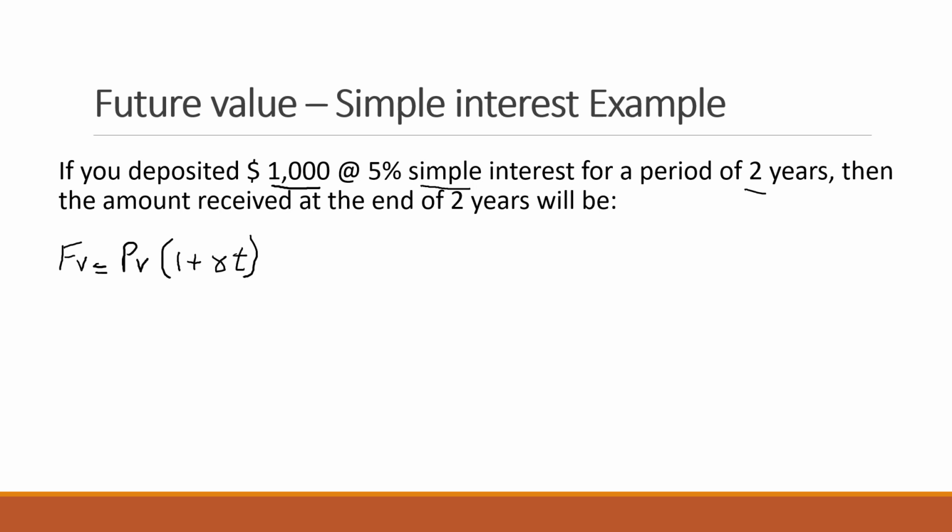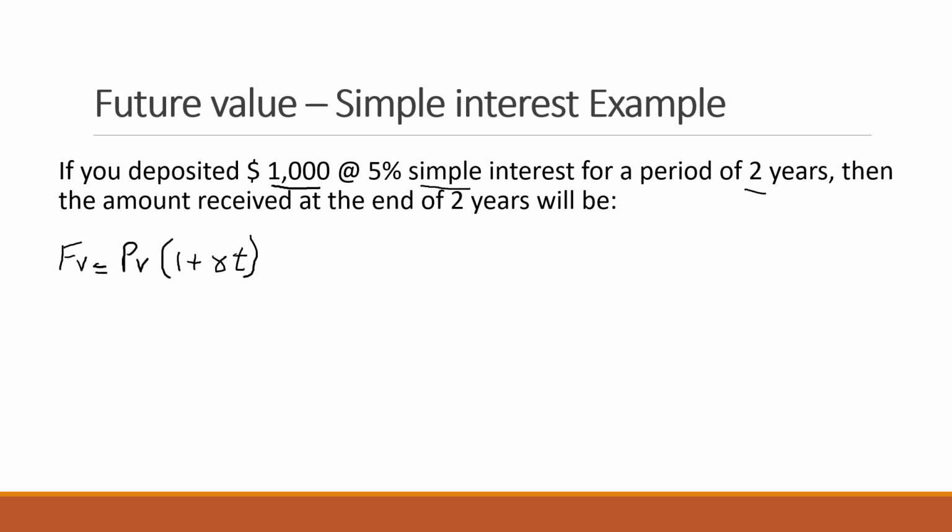But here we will be calculating the amount that we will receive after 2 years. When we calculate by this formula, we get the principal amount plus interest, so the total amount we will receive after a period of time. So in this question, after 2 years.